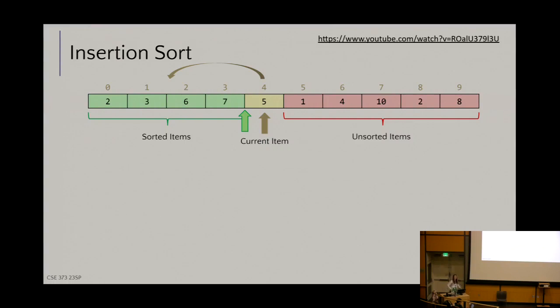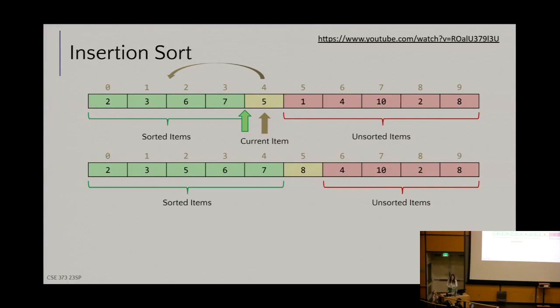So instead of looping over the unsorted portion, I encounter the next item at the boundary of the unsorted and sorted sections, and I ask myself, where does this new unsorted item belong in my already relatively sorted items? And what's nice is that I'm going to find where it belongs, I'm going to pick it up, and I'm going to insert it into that location. So the 5 just got inserted in between 3 and 6.